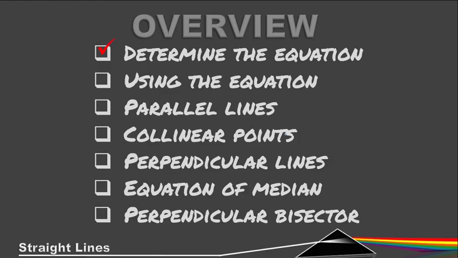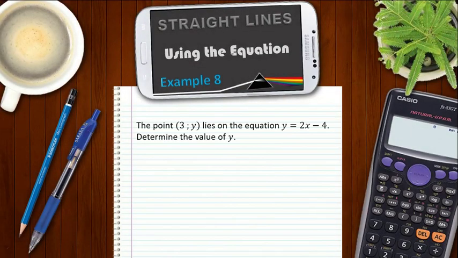Now let's look at using the equation. For example 8, the point (3, y) lies on this equation. Determine the value of y. Whenever you have the equation, let's say if we just draw it, it goes through somewhere there, right?